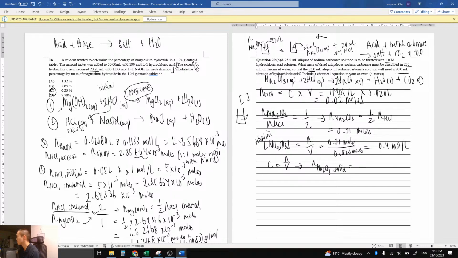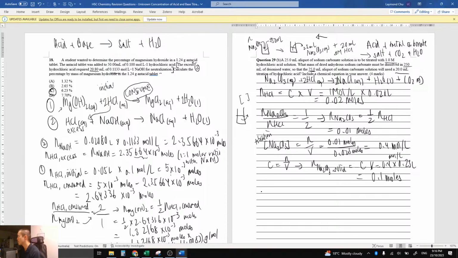That's just C times V, which is 0.4 moles per liter times 0.25 liters, the volume that we diluted it to. So that becomes 0.1 moles. Cool. Now this is our moles of Na2CO3 solid.